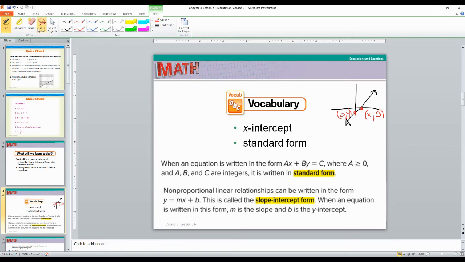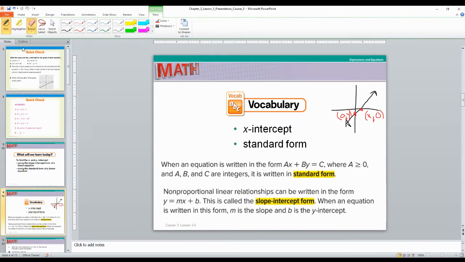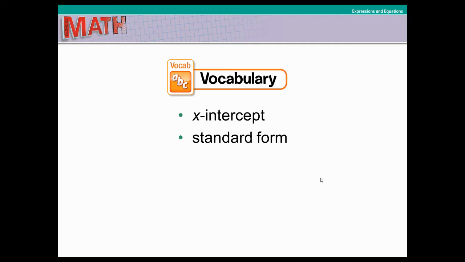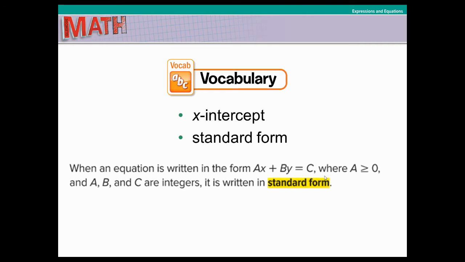Okay, let me clear this stuff. And again, give me a moment to see if I can do this. How about medium eraser? Maybe that'll... Oh, there we go. Okay, so we'll get rid of that stuff. Now, standard form, ax plus by equals c, where a is greater than 0. X and y, again, are nothing more than coordinates on the grid.